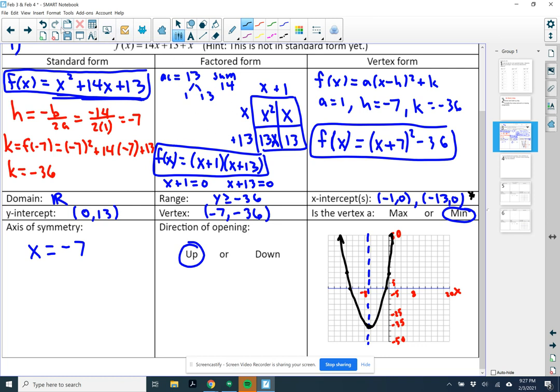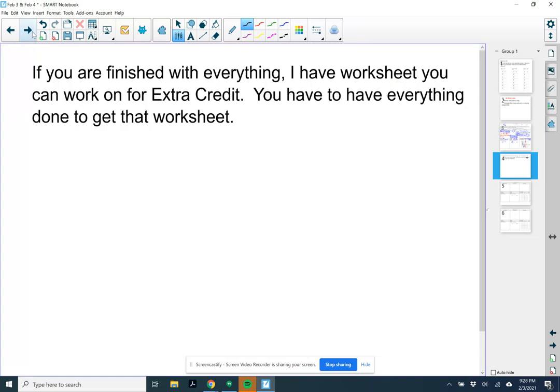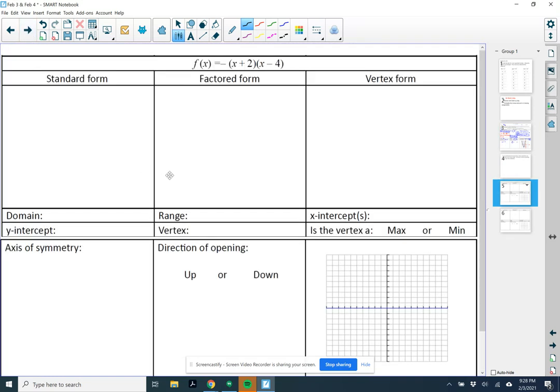Okay. I'm going to talk about a couple things on the other 2 problems. Number 2 starts right here. So if you want to find number 2, this is problem number 2. It is in factored form. So you're just going to rewrite the factored form right here.